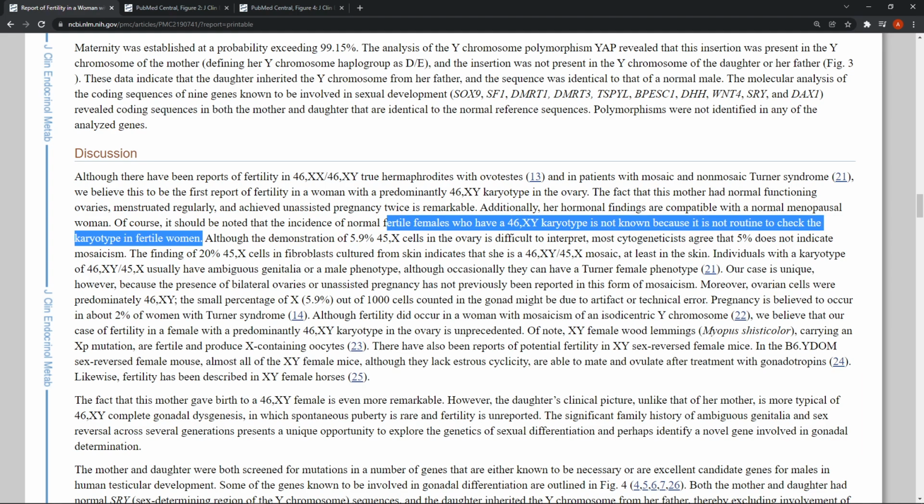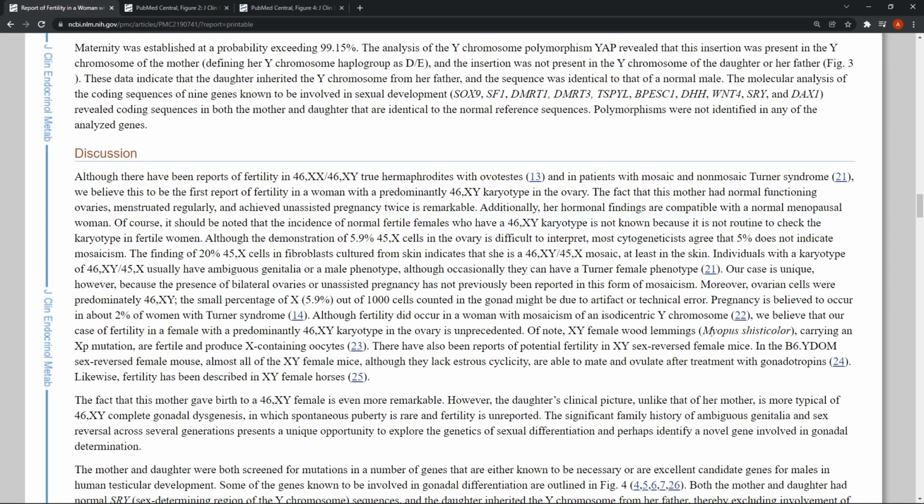Obviously, if you are to be someone who constructs this weird binary, this one paper, this one family history alone is enough to shatter that, because if it's a true binary, then there wouldn't be an outlier. That's not how binaries work. You're either or, you're not also.